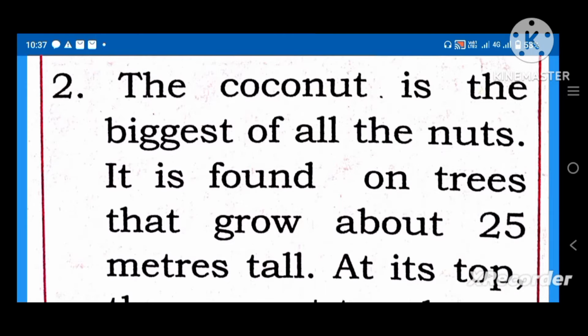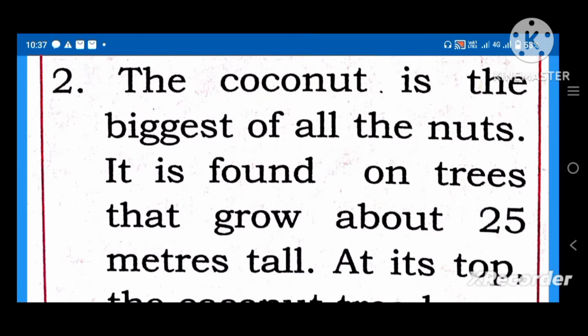It is found on trees that grow about 25 meters tall.